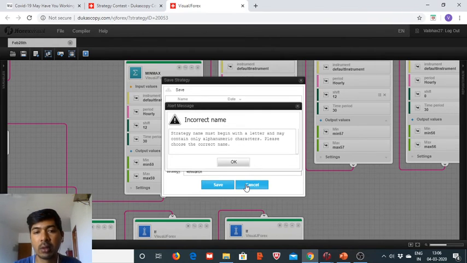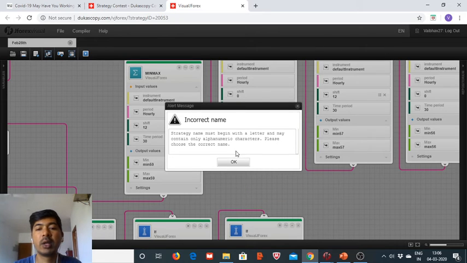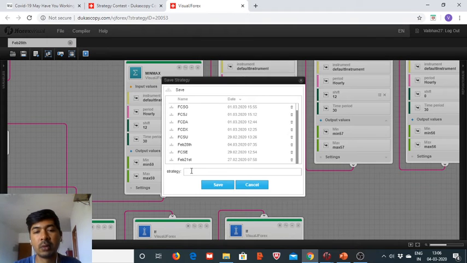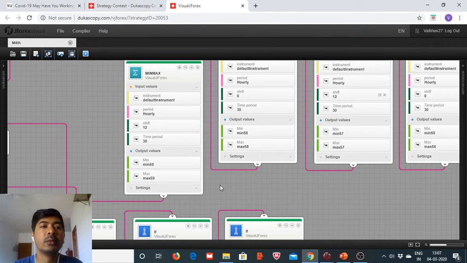Okay, only with alphanumeric letters. Okay. M 4th. I think this should do. Okay, our file has been saved.